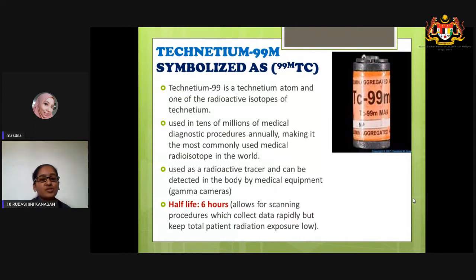It is also used as a radioactive tracer and can be detected in the body by medical equipment such as gamma cameras. The half-life of technetium is 6 hours. It allows for scanning procedures which collect data rapidly but keep total patient radiation exposure low. Because the half-life is 6 hours, we can collect the data in a short time, and the radiation to the patient can also be reduced.